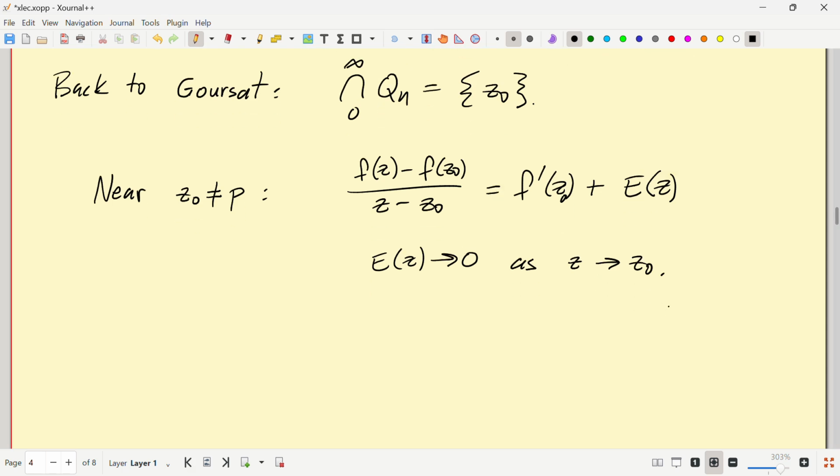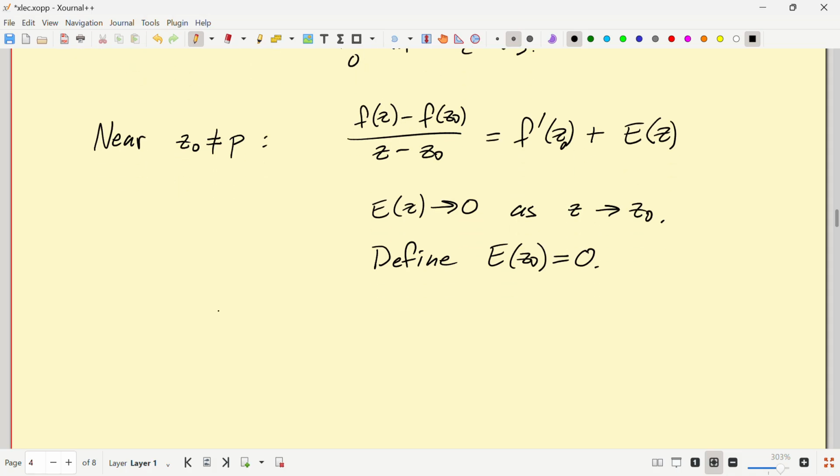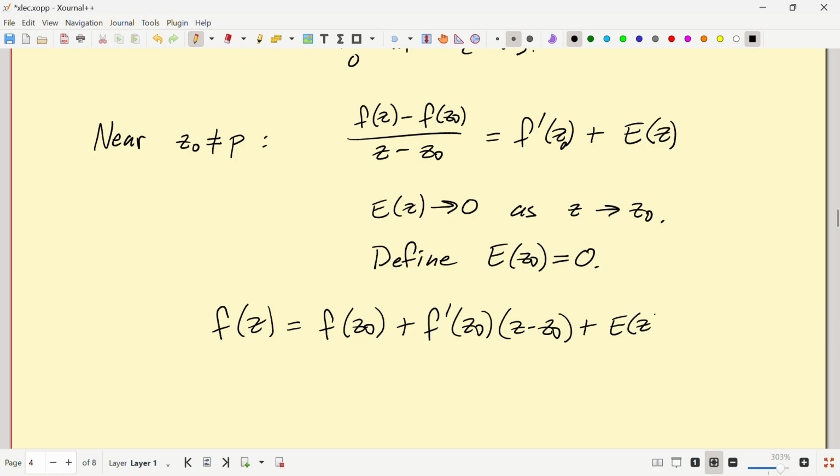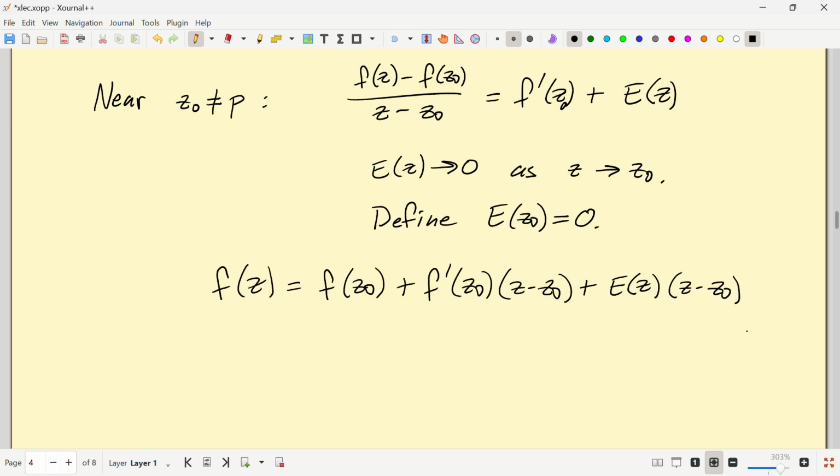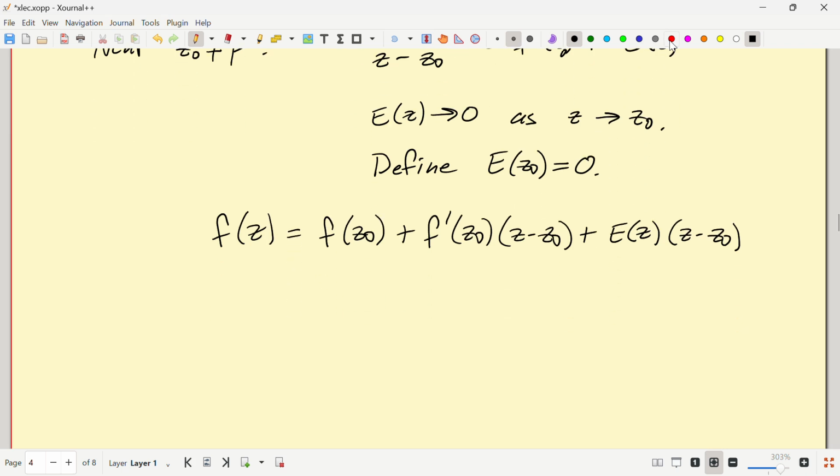And I'm going to define e of z naught to be equal to 0. Because when I do that, I can solve this for f of z and get that f of z is equal to f of z naught plus f prime of z naught times z minus z naught plus, we've seen this before, e of z times z minus z naught. Okay, this is like an az plus b kind of thing.